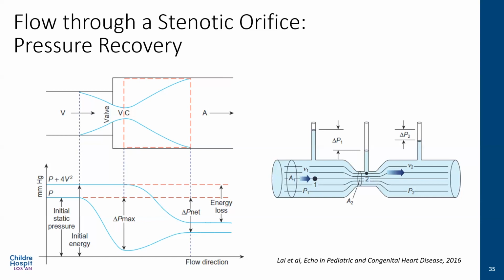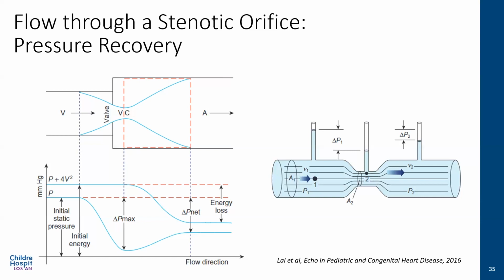When the blood flows across a stenotic orifice, velocity is going to rise and pressure is going to fall. And so the lowest pressure point is going to be the narrowest portion, which is the vena contracta. As your stream widens again, the flow velocity diminishes and the pressure rises, which is what is known as pressure recovery.